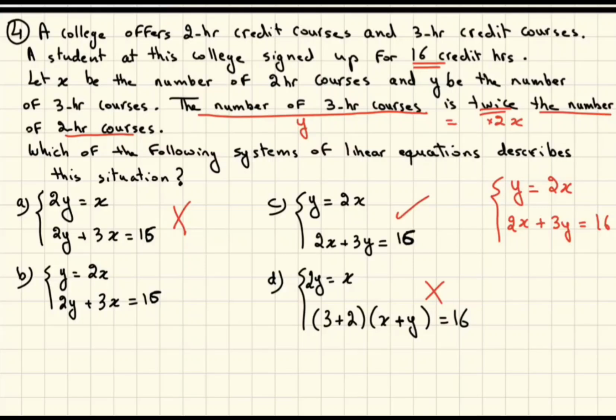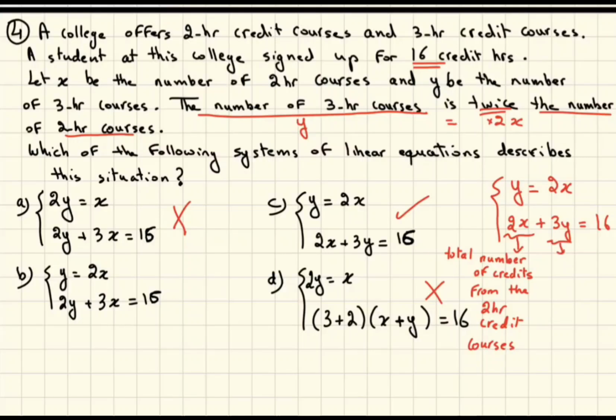So one more time, the 2x here represents the number of credits, or total number of credits, from the 2-hour credit courses.